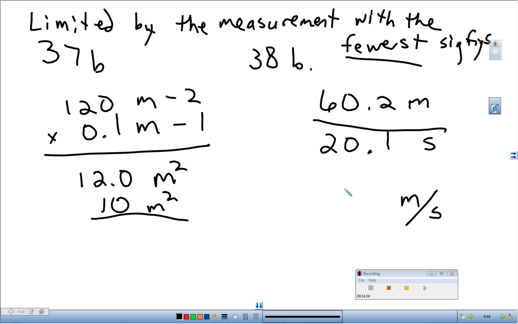Okay. This is going to be what? 30? 30-something. Anybody do this on their calculator yet? Am I wrong?